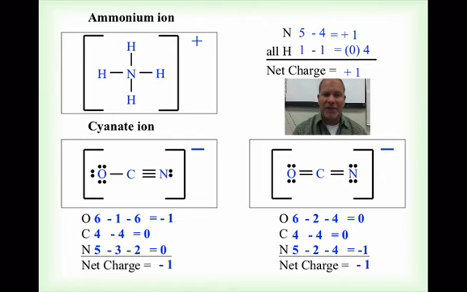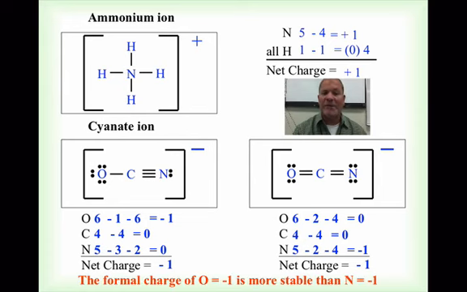However, oxygen will actually make a move towards a full orbital, so oxygen is moving towards stability, whereas nitrogen with the -1 formal charge is moving away from stability. So my first one is actually more stable. Cyanate is with a single and a triple, because oxygen would do better as a -1 than nitrogen.